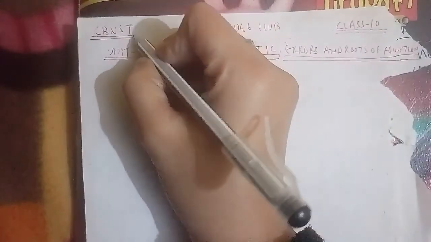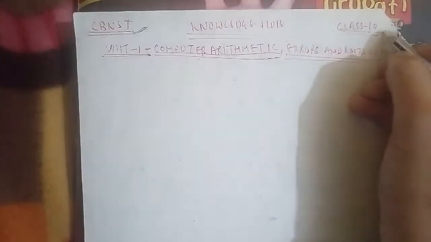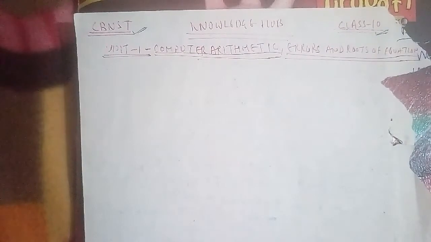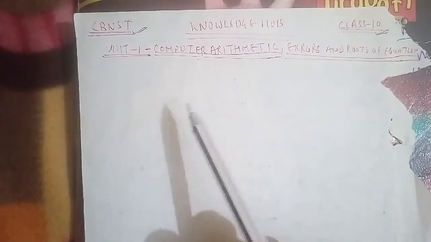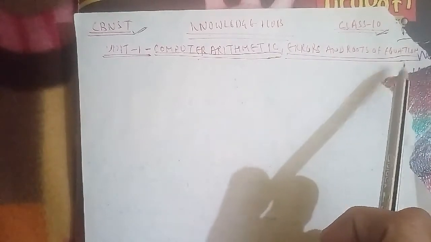Today we're going to start with your CBNST class. This is your class 10, as you can see. In the last 9 classes, we started with Unit 1, which covered computer arithmetic, errors and rules of equation.